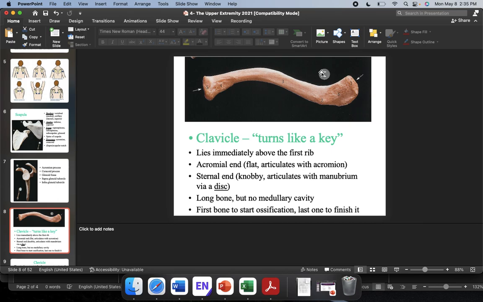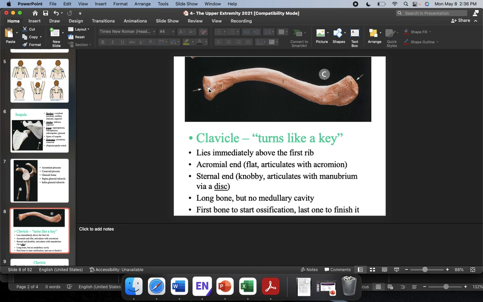But the clavicle is the only attachment point of the upper extremity to the axial skeleton. I'm going to say that one more time so you can think about it. The sternal end of the clavicle is the only attachment point of the upper extremity to the axial skeleton, and that happens at the sternoclavicular joint.